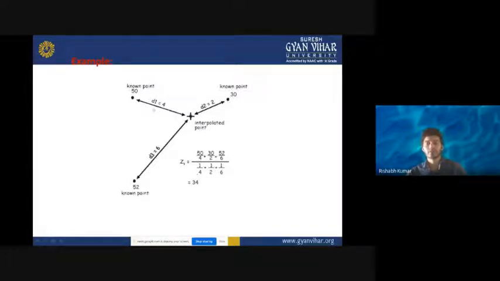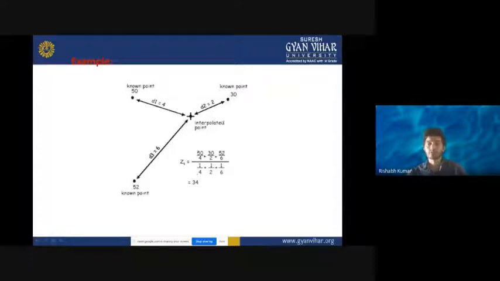Here you can see d1 is 4 meter, d2 is 2 meter, and d3 is 6 meter. So what does the inverse distance weighting method tell us? It tells us that the closer a measured location is to the prediction location, the more influence it will have.